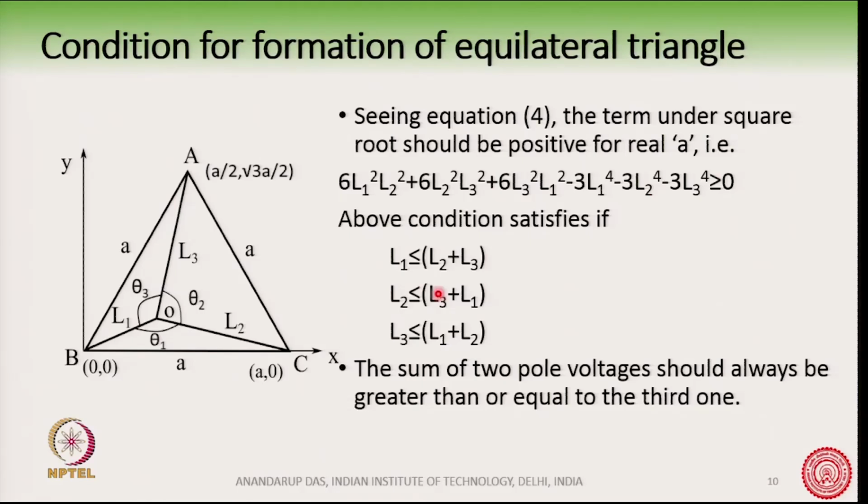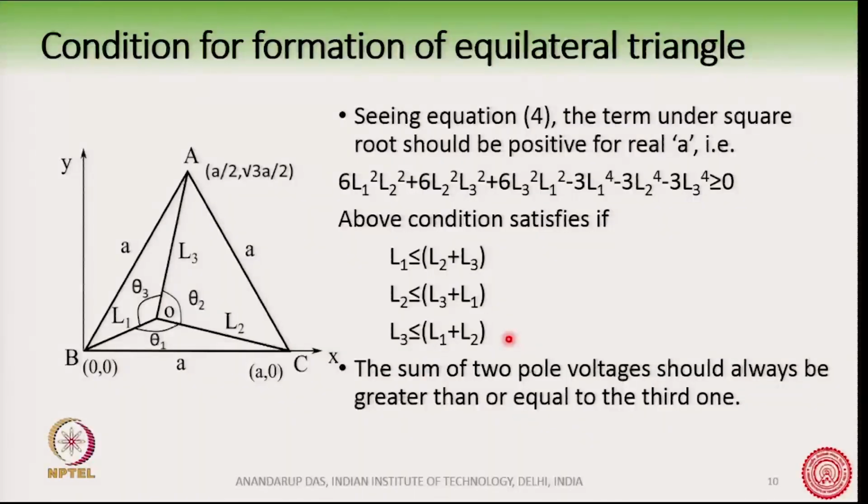It means that in order for this equilateral triangle to be formed, L2 plus L3 should be more than L1, L1 plus L3 should be more than L2, and L1 plus L2 should be more than L3, which means the sum of two pole voltages should always be greater than or equal to the third one.